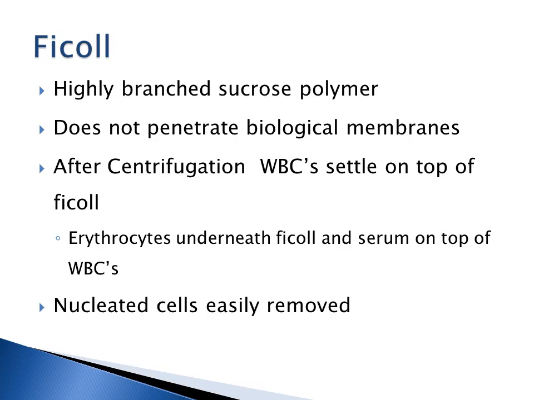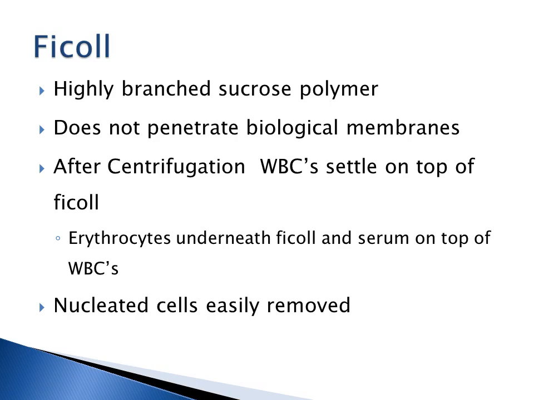So we mentioned Ficoll to do differential gradient centrifugation. Ficoll is a highly branched sucrose polymer. It doesn't penetrate biological membranes, so it's really nice for separating the different portions of your blood. Once you pour your whole blood over the Ficoll, you're going to centrifuge it.